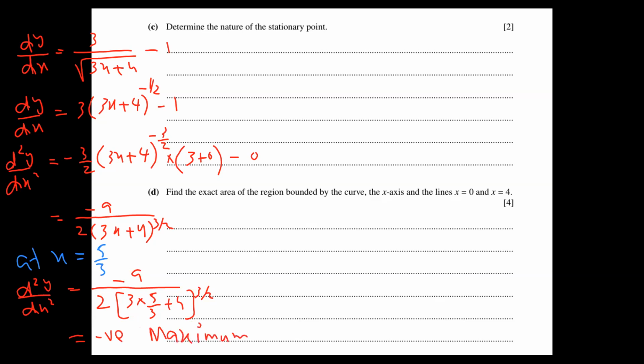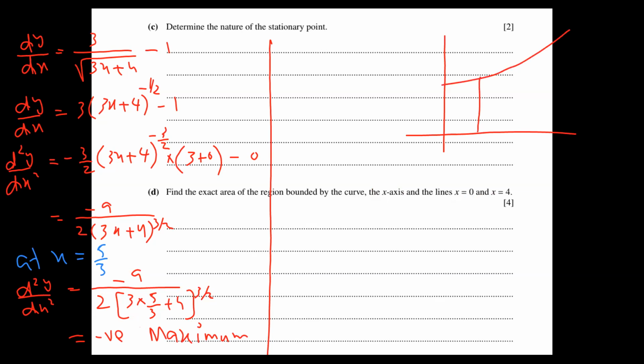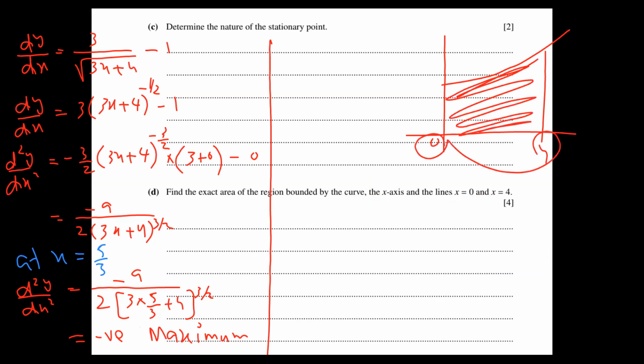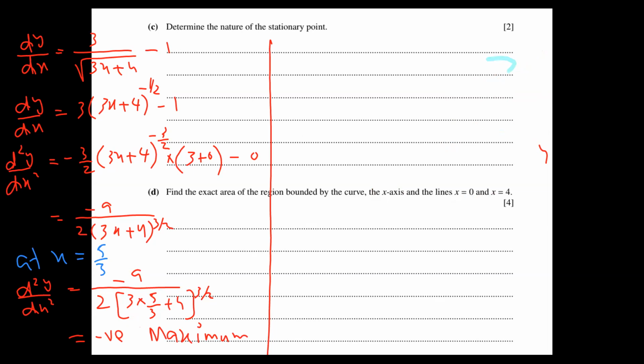So this is done. Now I'm going for the next part, and this part is the area bounded by the x-axis and the limits 0 to 4. It means the curve, whatever we suppose is a curve, this is 0 and this is 4. So in the middle of this, we have to find the area. Lower limit 0, upper limit 4, and we have been given the curve equation. What is the formula?